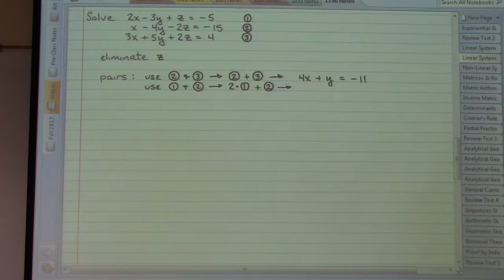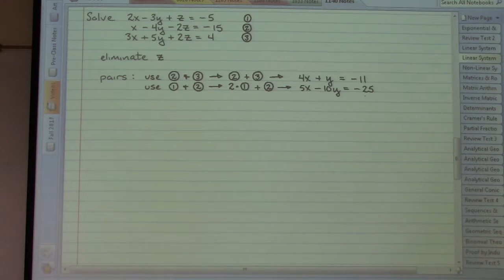So in that first equation, 2 times x plus the second equation x would give me 5x. 2 times a negative 3 gives me a negative 6y, plus a negative 4y gives me a minus 10y. 2 times z plus negative 2z cancels out. Then 2 times negative 5 is negative 10, plus a negative 15 is a negative 25.